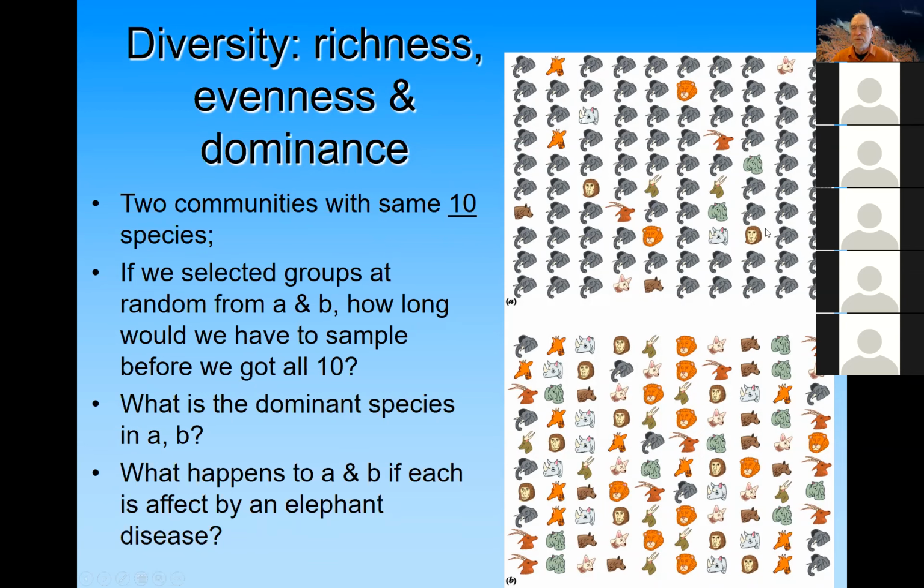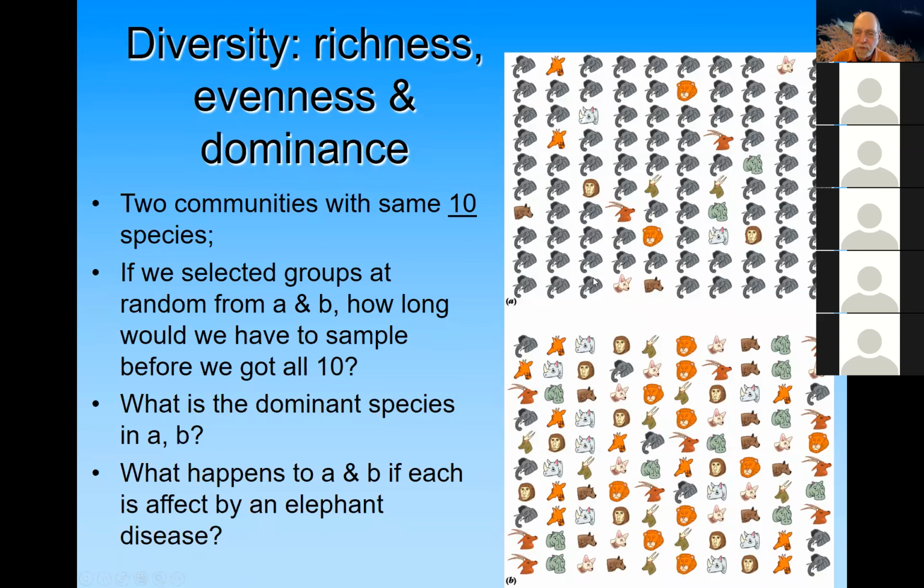So let's consider two hypothetical populations or ecosystems, A and B here. And I'm going to tell you that both of these populations have the same mix of species. And the mix of species, the number of species, would be called the species richness. And so that's the variety that you could encounter within that population or within that community.